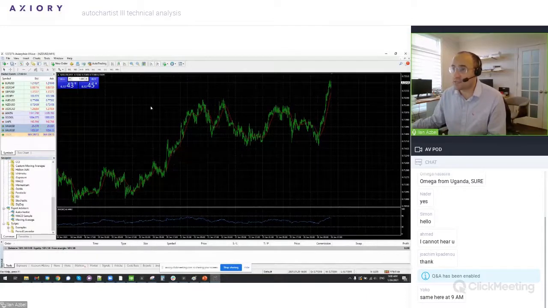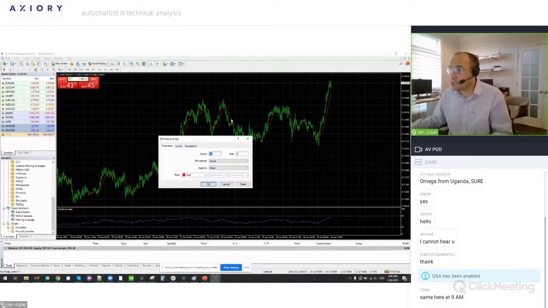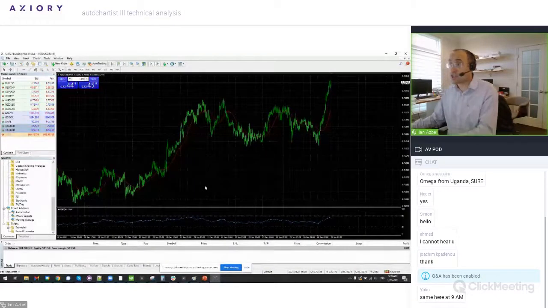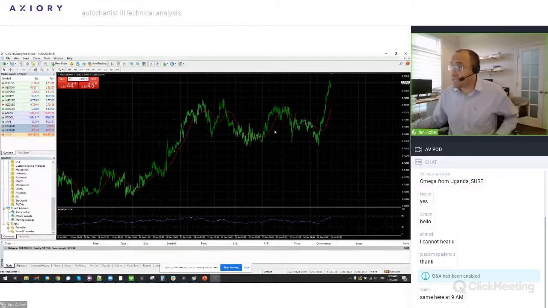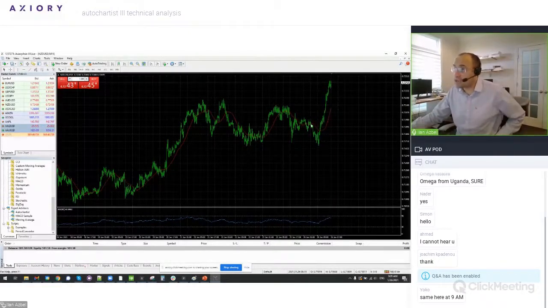It's too sensitive. So on a 15-minute chart, I might want to use something completely different, something like a 30, which looks a lot better. Now I'm identifying much bigger movements. Even 30 is maybe not enough because I can see I'm still getting noise here.